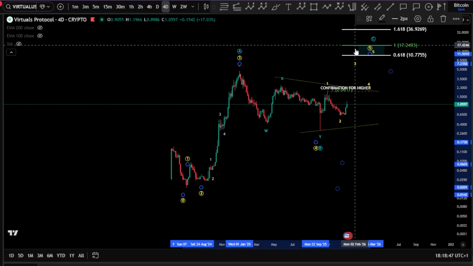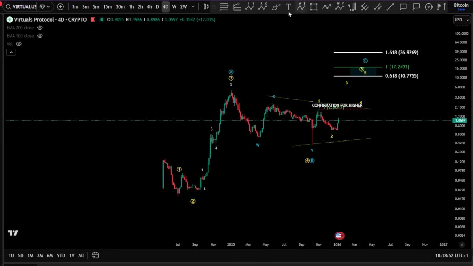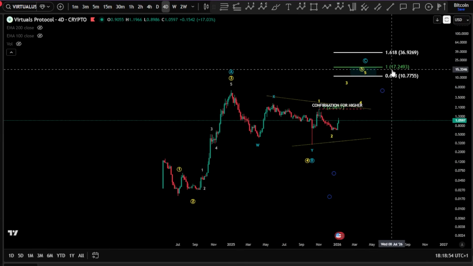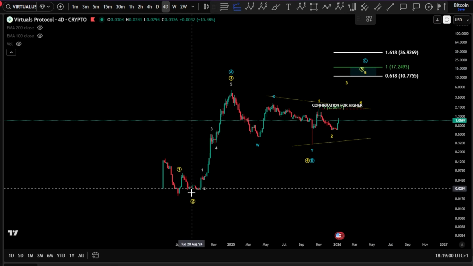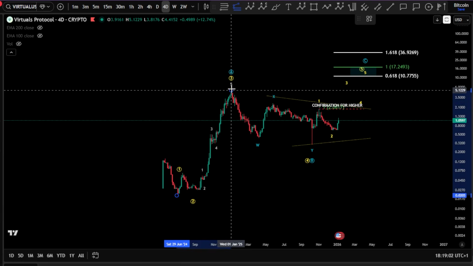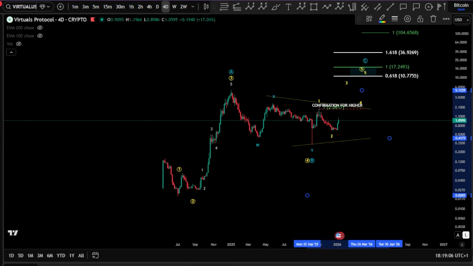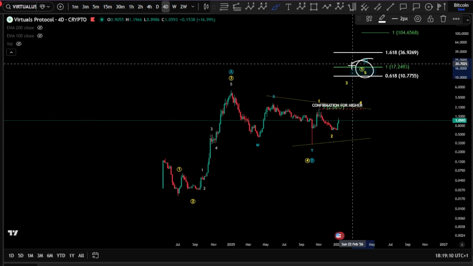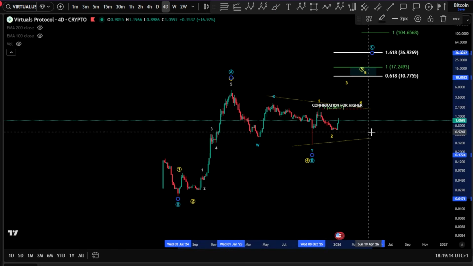The wave 5 can reach this blue scenario here, or blue box, between the 0.618 and the 1.0 Fibonacci level, $17 and $10. Now, in case that we are in a wave C, this is, of course, totally different, and it might reach, of course, the 1-to-1 Fib level, which is very, very high here. So basically, higher possibility is for a wave 5 before thinking in a wave C there, which might be reaching very, very high.